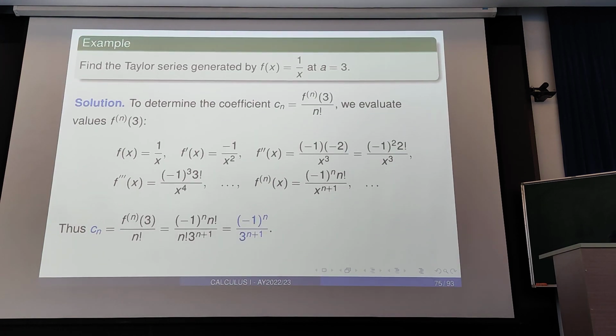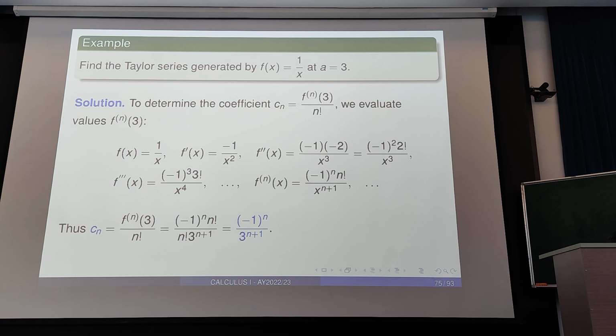Okay, so you can see here an example of the problem of finding the Taylor series of a given function. We are given this function f and the point a equal to 3, and we need to find its Taylor series. As I said before, you only need to determine the coefficients of the power series, and here's the formula.